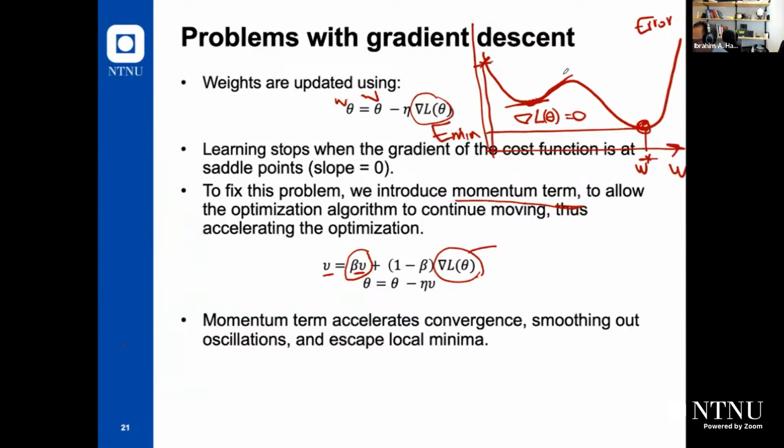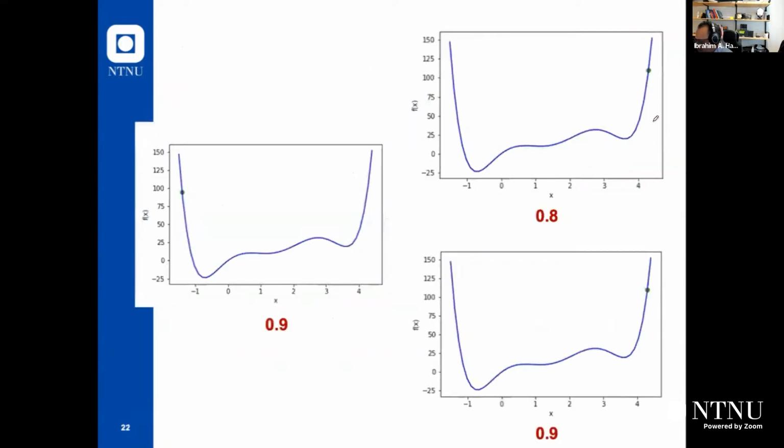So you can just go to this point and continue your movement until you can reach this omega star, where the error is minimum. So the momentum term accelerates convergence, smooths out oscillations, and escapes local minima, which is very important.